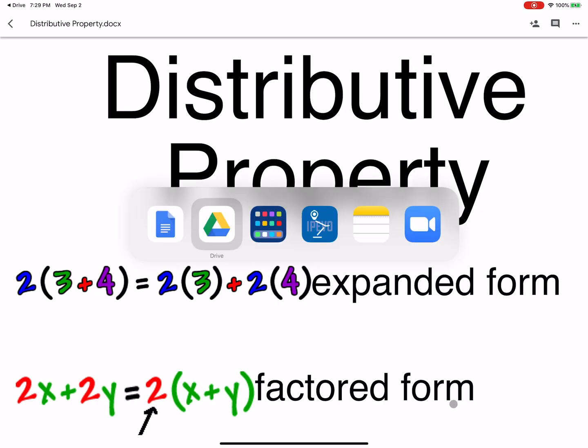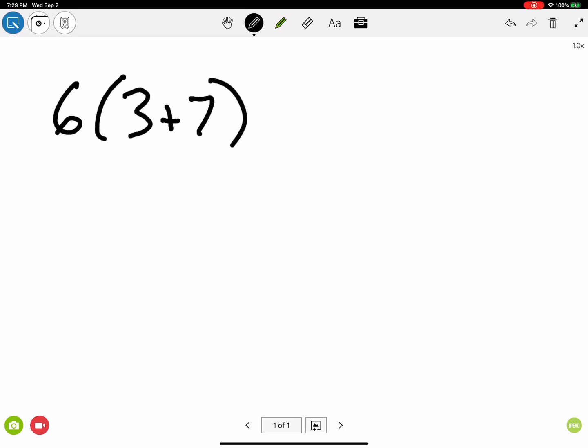So, that being said, let's look at a few examples. So let's say that I want you to put 6 times (3 plus 7) in expanded form. Okay? Remember, this right now is in factored form.